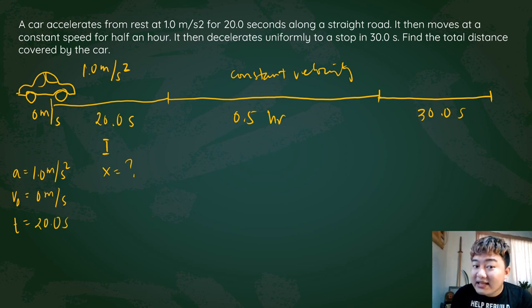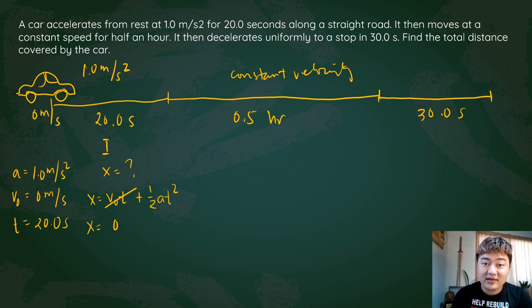Now, what equation contains acceleration, initial velocity, time, and position? That equation is x equals initial velocity times time plus 1/2 a t squared. Substituting our values, the initial velocity is 0, so that term is automatically 0 because any number multiplied by 0 is 0. Plus 1/2 times the acceleration of 1 meter per second squared times 20 seconds squared.